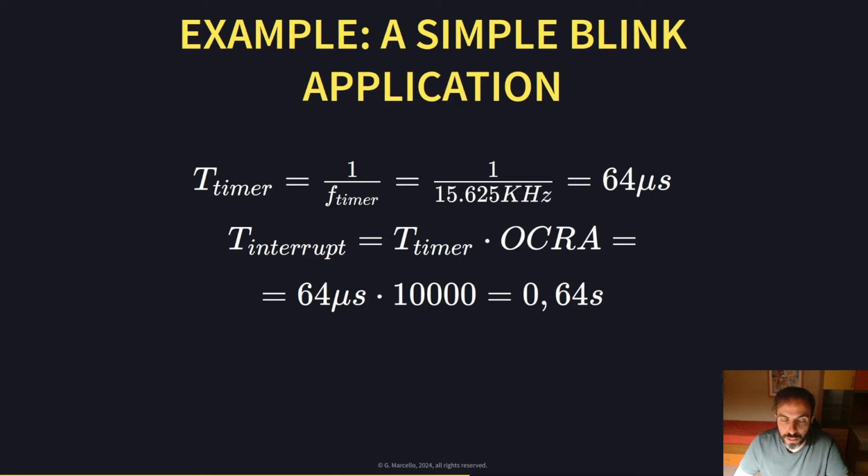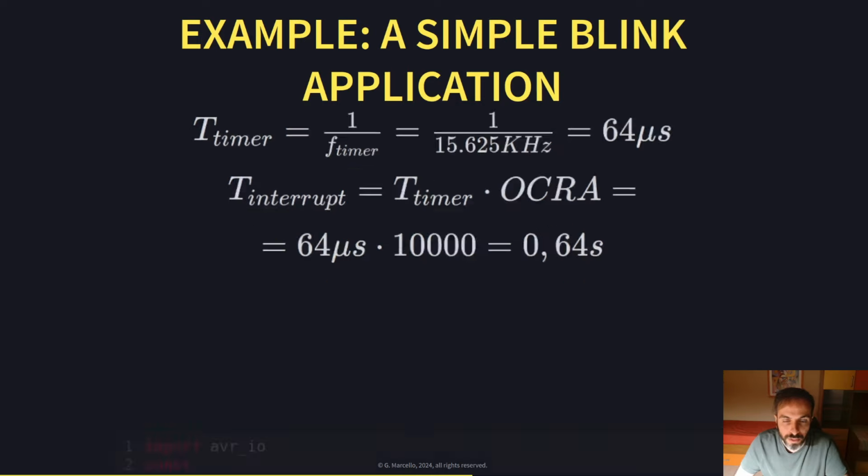So if we want to have an interrupt at more or less 1 Hz, we don't care about being too precise, you can just plug in 10,000 as a value for OCRA, and this will yield us an interrupt which will fire every 0.64 seconds.